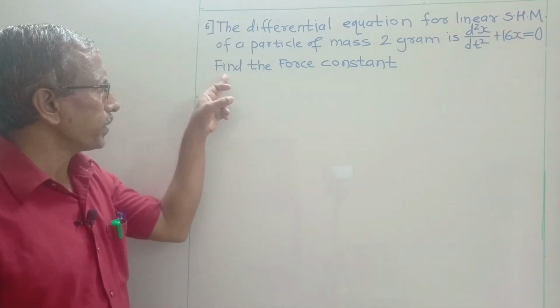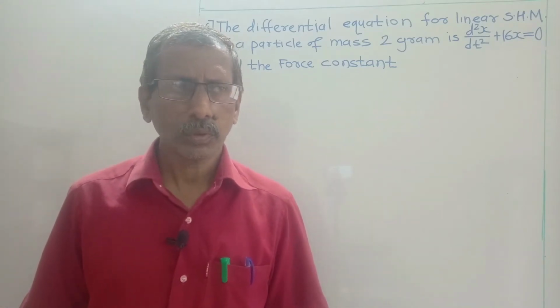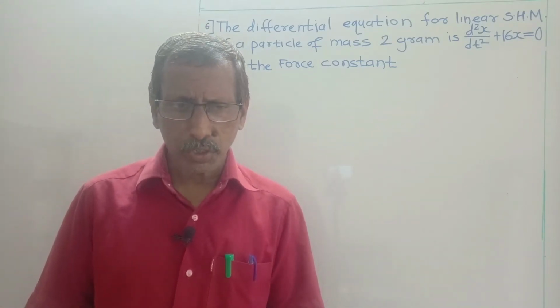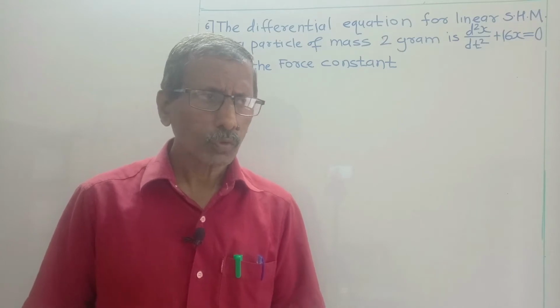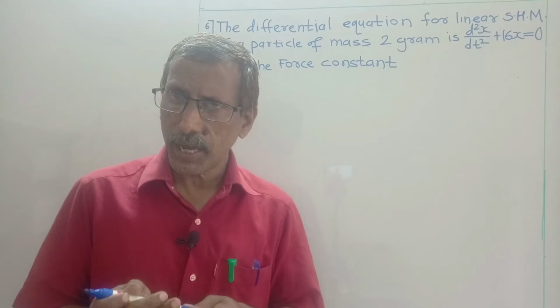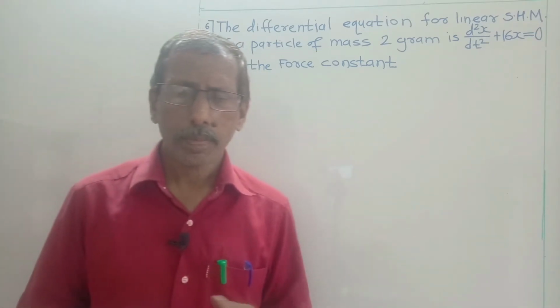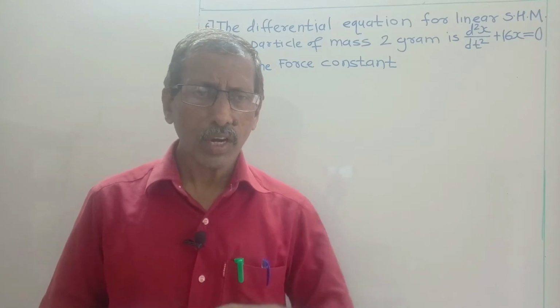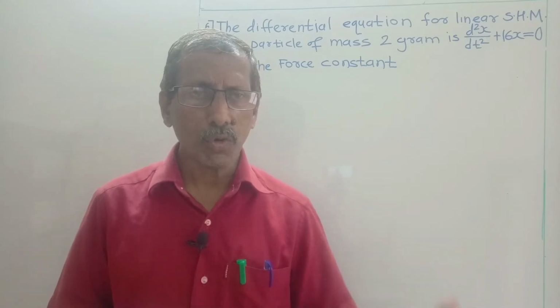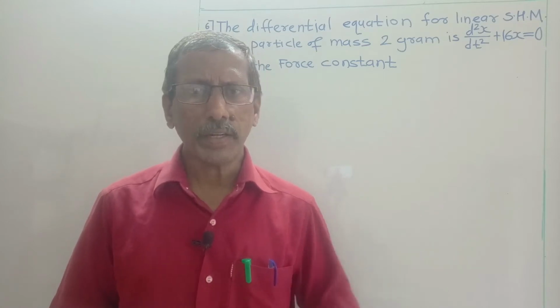Then we have to find the force constant. So as per our study, what is the first step? First step is data. Then we have to write a formula, and then we have to put the values, that is substitution, and find the answer.